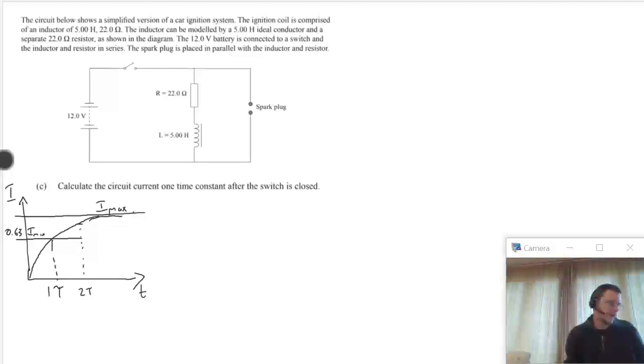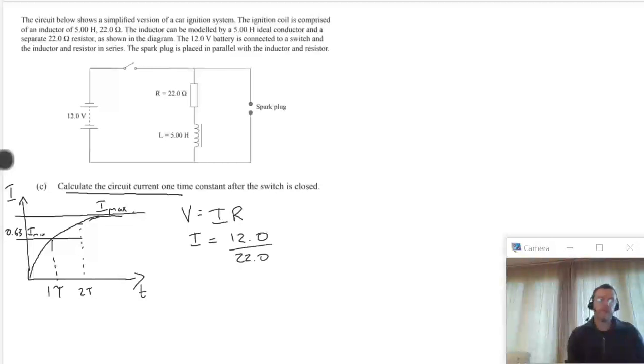Actually, we haven't been asked to find one time constant. What we've been asked to find is the circuit current one time constant after the switch is closed. So the first thing we're going to need is Imax, and then the second thing is 0.63 of Imax. So to find Imax, V equals IR. It really is that easy. I equals 12.0 divided by 22.0.